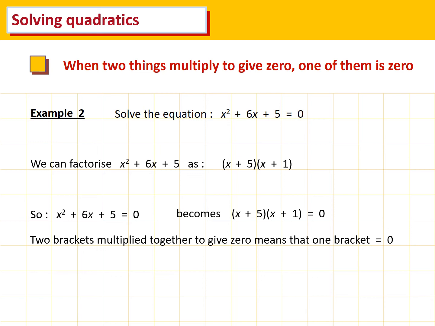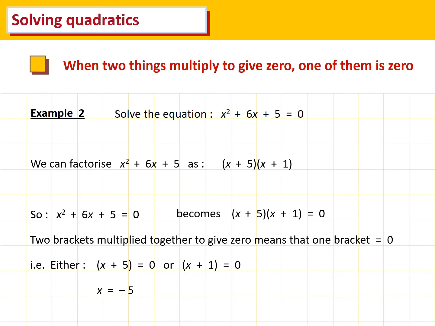Now, no, I'm not saying that x must be 0. I'm saying one of the brackets must equal 0. That means either x plus 5 equals 0 or x plus 1 equals 0. If x plus 5 equals 0, x would have to be negative 5.